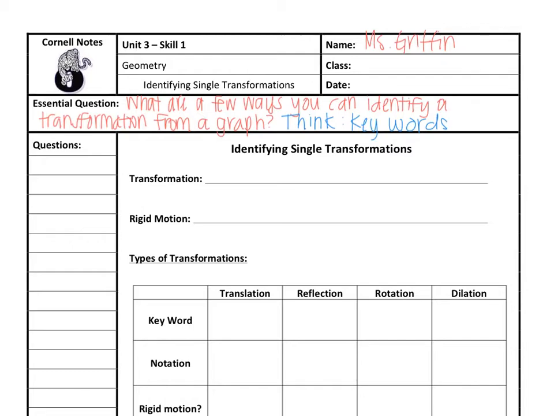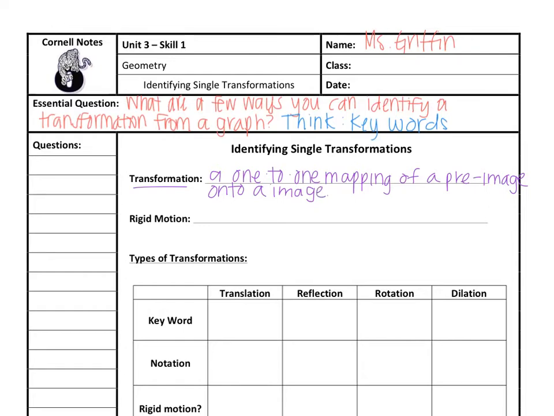A transformation, first vocab word here, is a one-to-one mapping of a pre-image onto an image.